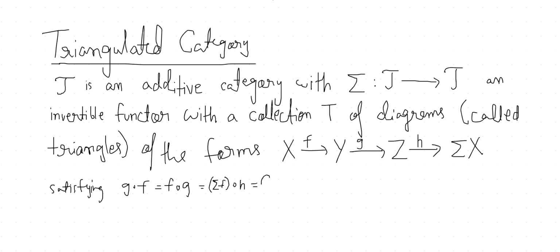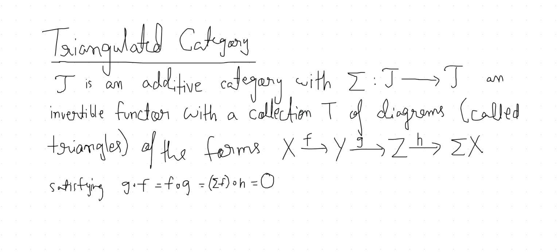And this is called a triangle because if you interpret this suspension X as a kind of variant of X, then it's kind of a triangle. But this is the definition. But then you see, this is just a collection of diagrams. This collection of diagrams is part of the information of the triangulated structure.